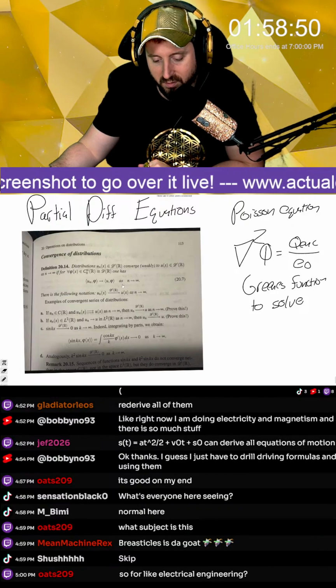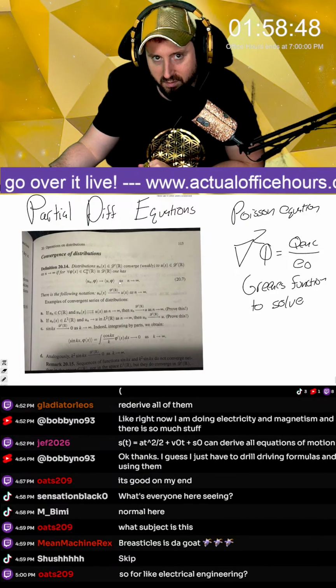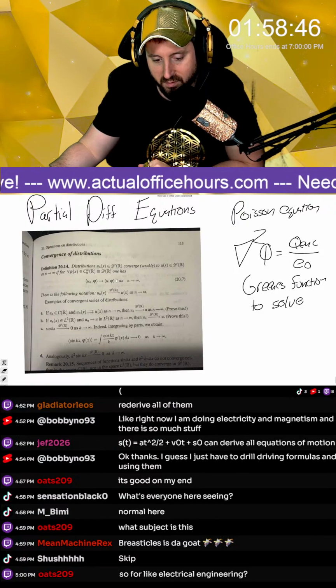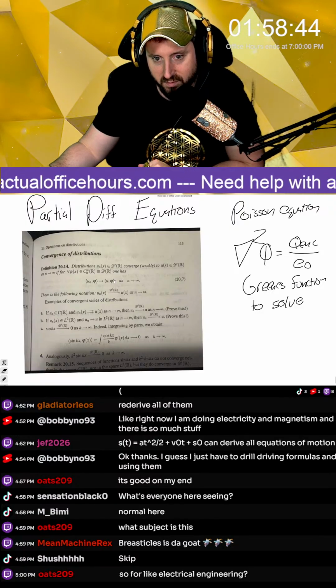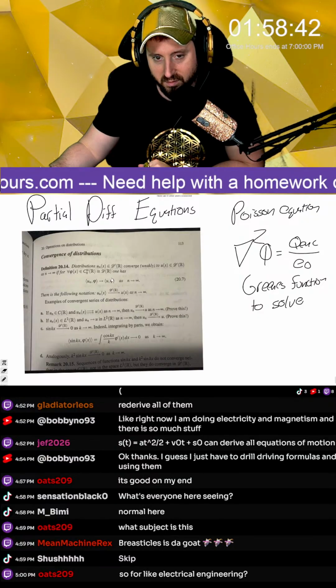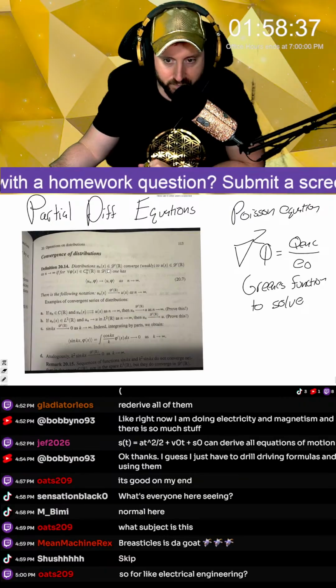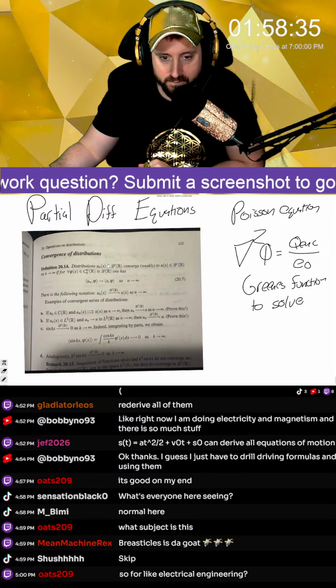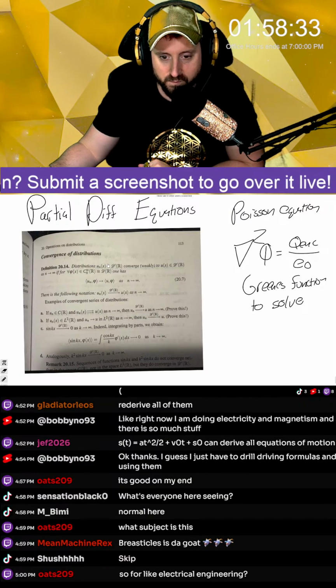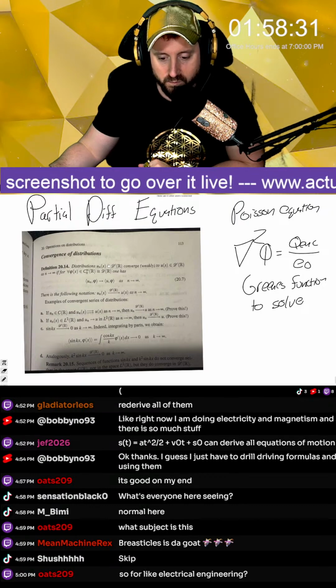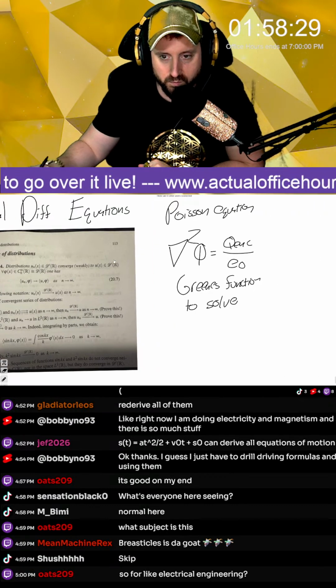Yeah, kind of. The idea is that if we were able to figure out what our derivative operator is, we can then figure out what the inverse of our derivative operator is, right? With the Poisson equation, our operator is a Laplacian.